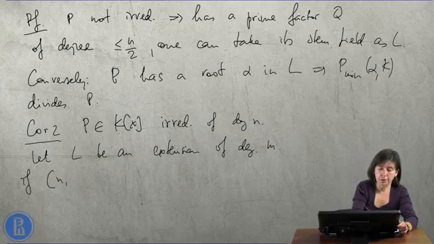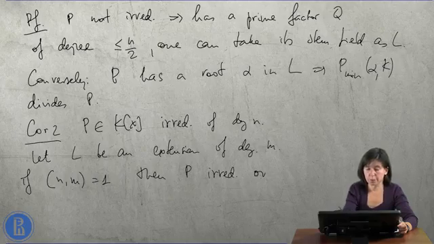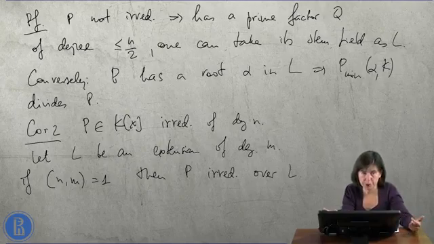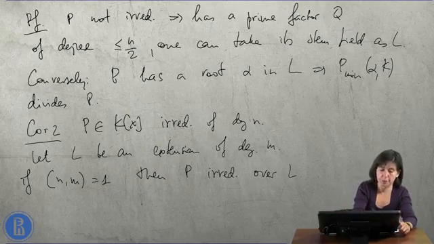If n and m are relatively prime, then P is irreducible over L. Okay, you see, so an irreducible polynomial might become reducible over an extension, but it does not happen if the degrees are relatively prime. Well, proof.